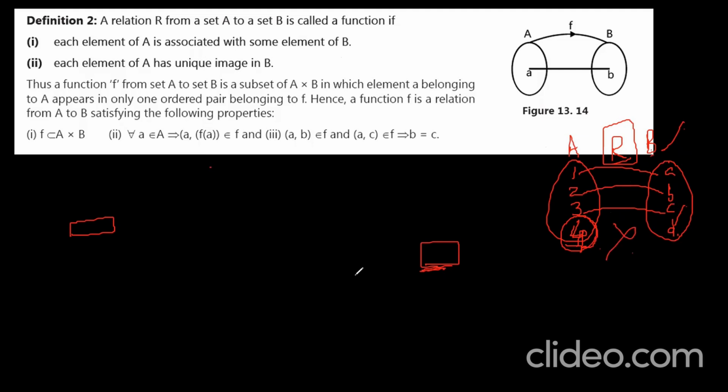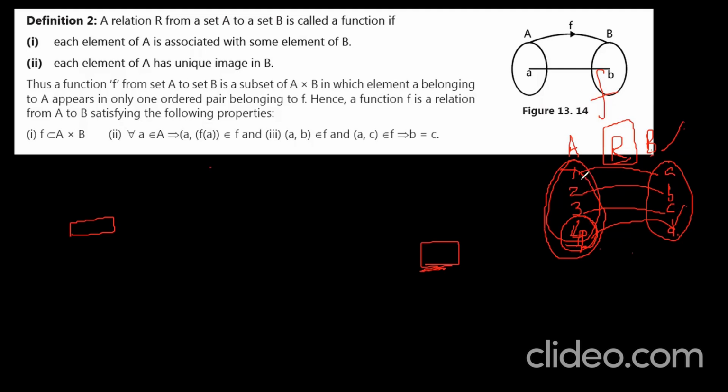So if it makes a correspondence with another element which is present in B, then definitely it is going to be a function. You understand? All elements should be corresponded in the first set.